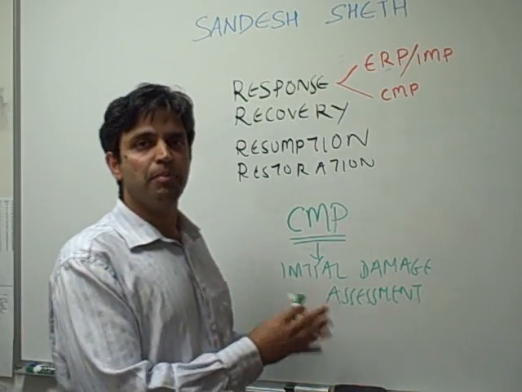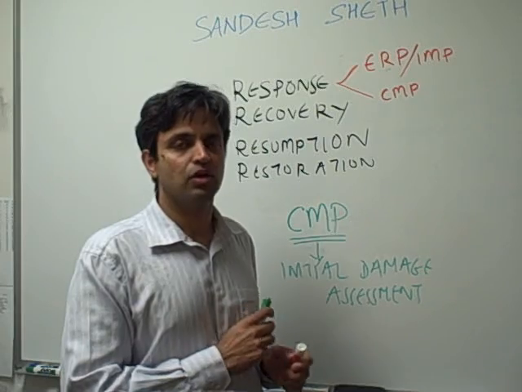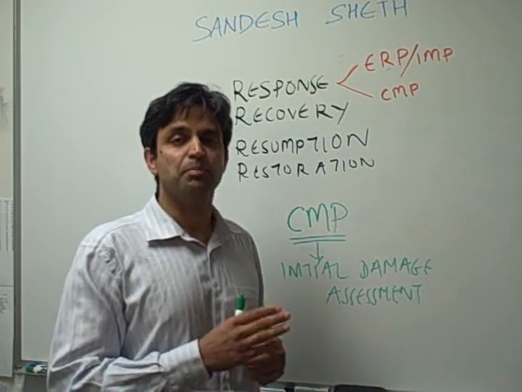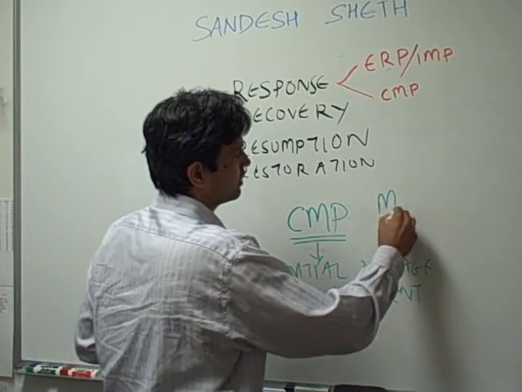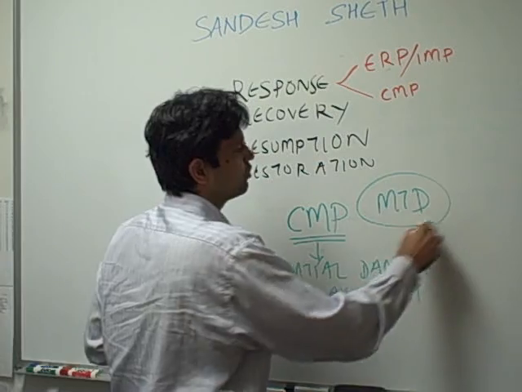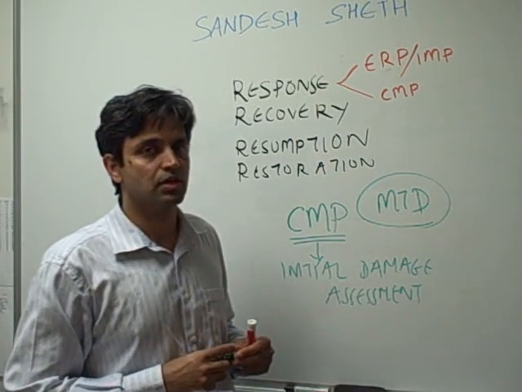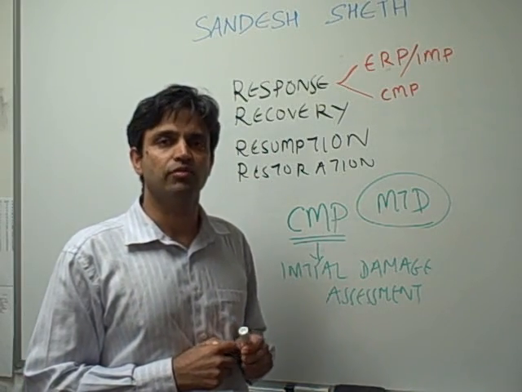If the impact of the incident on the organization is such that the maximum tolerable downtime of the critical business processes would be exceeded, it warrants a declaration of disaster.